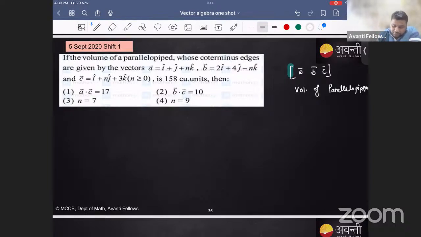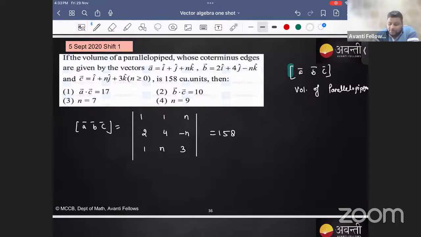So box ABC is going to be determinant 1, 1, n, 2, 4, minus n, 1, n, 3. They have given you this is equal to 158. Am I correct? See, magnitude also I have to use.